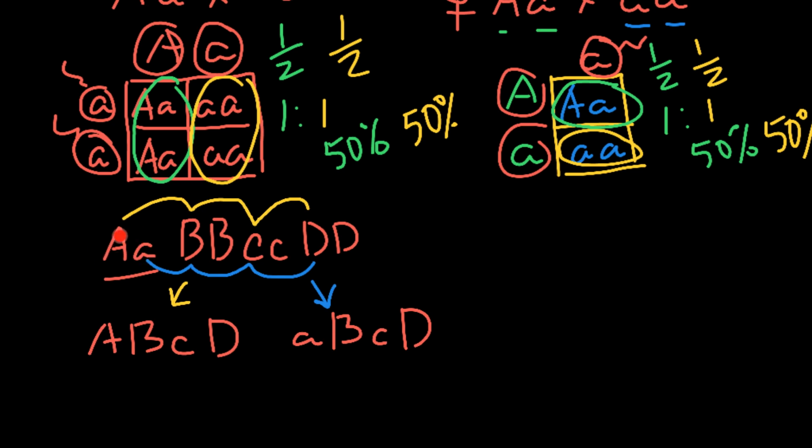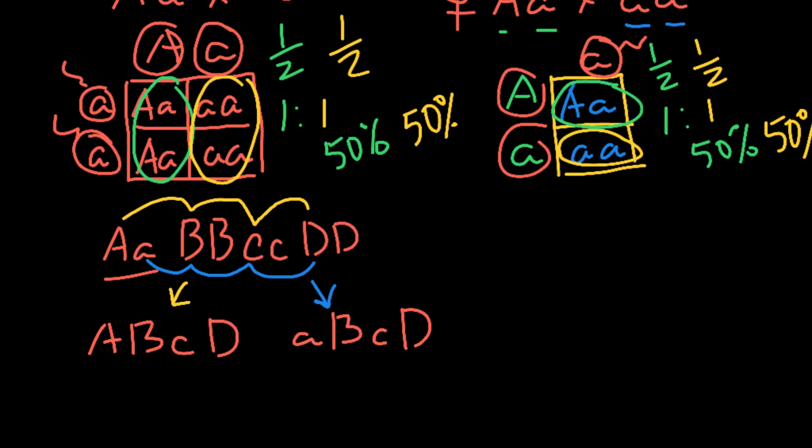If one locus is heterozygous, then just 2 variants. If 2 heterozygotes, then 4 variants. If 3 heterozygotes, then we would have 8 variants of the gametes. If all 4 were heterozygous, then we are going to have 16 variants of the gametes.